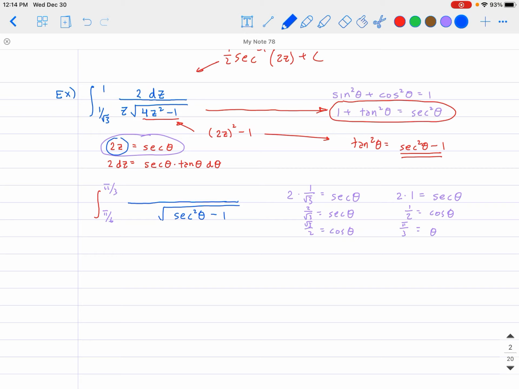Because remember, 2z is equal to secant of theta, okay? So that's the inside of the square root. Now, for the outside, you'll notice that we have a z over here, and that needs to get replaced too. So that looks like it's going to be equal to secant of theta divided by 2. Whereas in the numerator, we still have the 2. And then now we have to multiply by dz, which is going to be the bottom piece over here. So we're going to go ahead and put that in now.